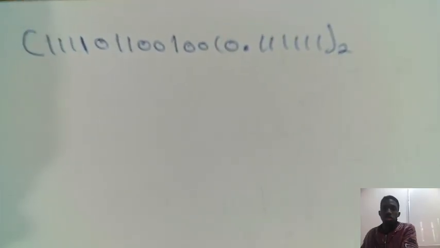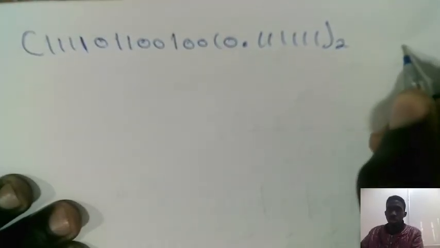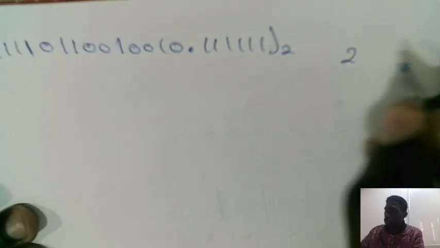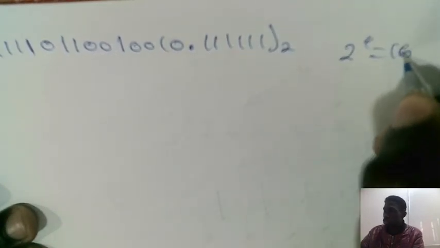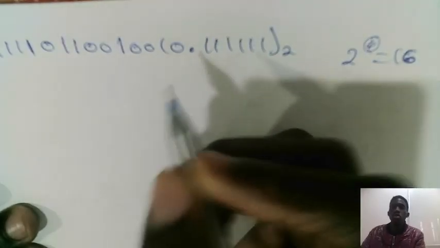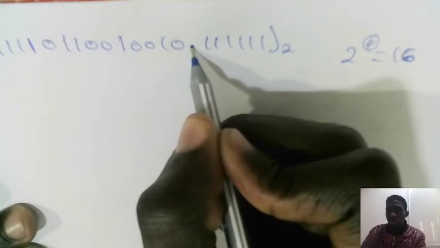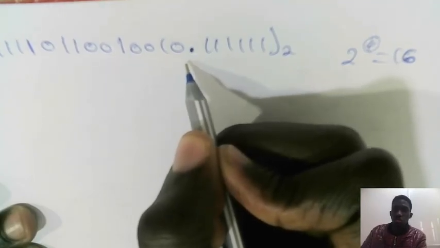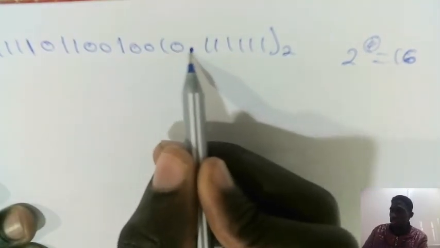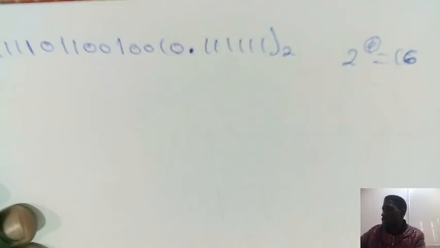We're still going to apply a method, because we know that 2 to the power 4 is equal to 16. We're making groups of 4 because our target base is 16. So how do we start grouping? You start grouping from the right.